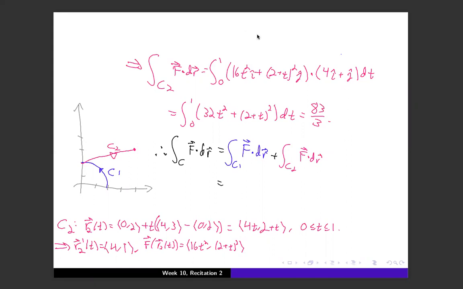The integral over C1 we said was 0. The integral over C2 we just calculated was 83 thirds. So the final answer, having done all of this, is 83 thirds.